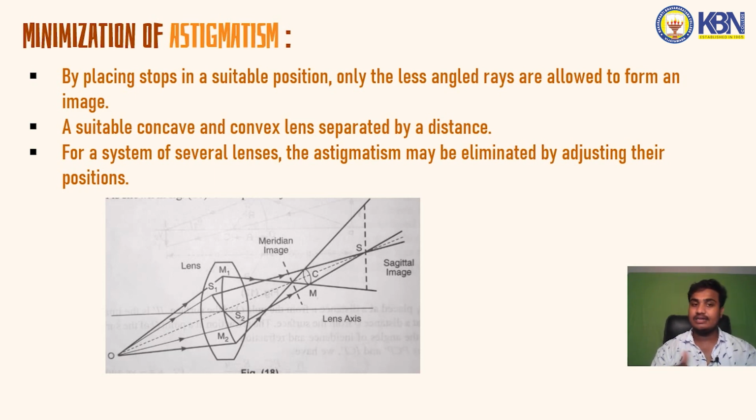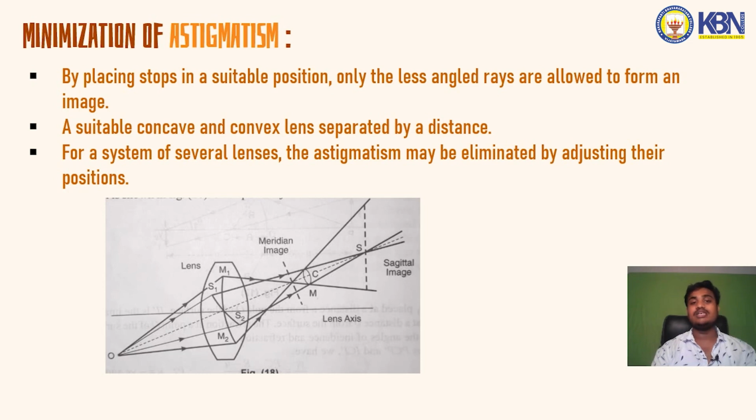And for a system of several lenses, the astigmatism may be eliminated by adjusting their positions. These are the methods by which we can eliminate the astigmatism.